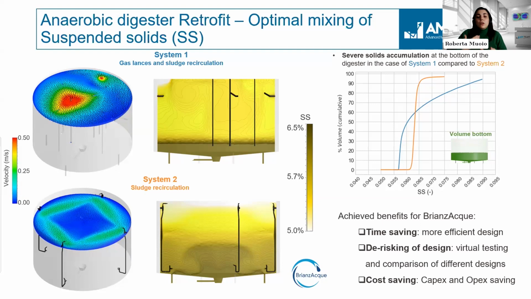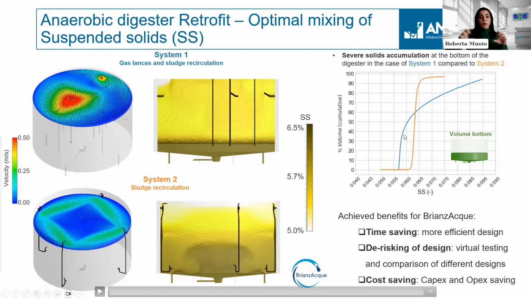So in system 1, the current system, you can see that there is a huge variability of the suspended solid concentration in this bottom layer, from very low to very high concentration, while in system 2, the orange line, this is much more improved, and you can see the curve is very steep, almost vertical, which means that the concentration is very uniform.